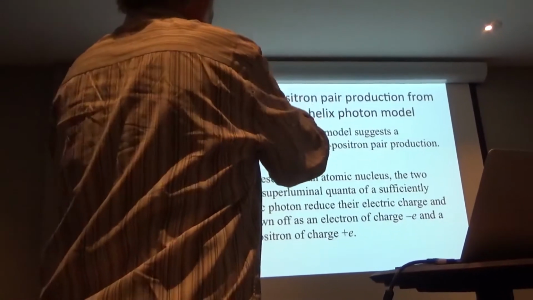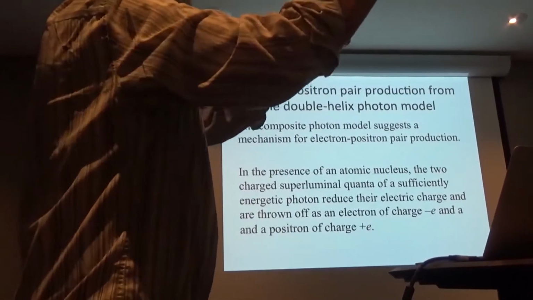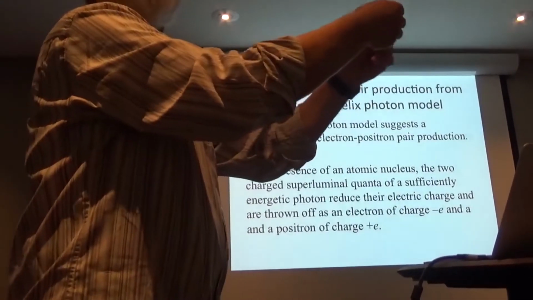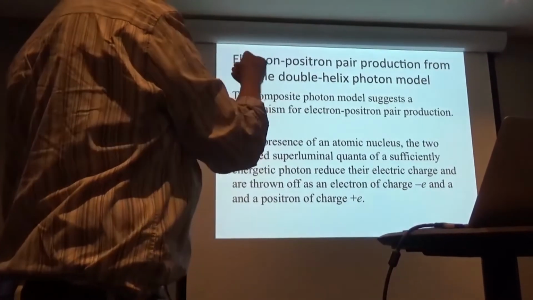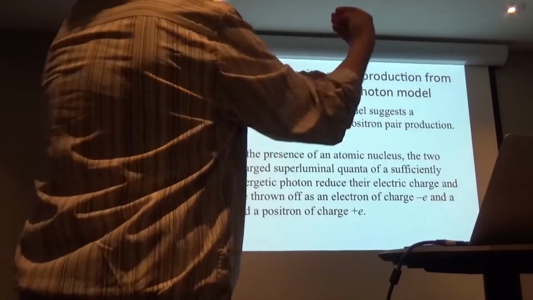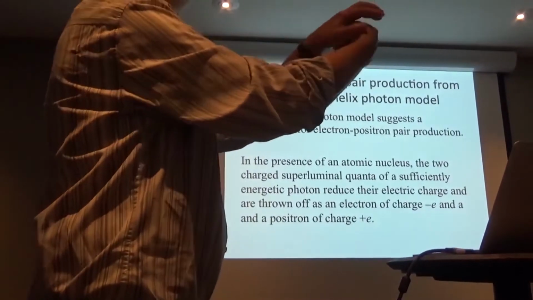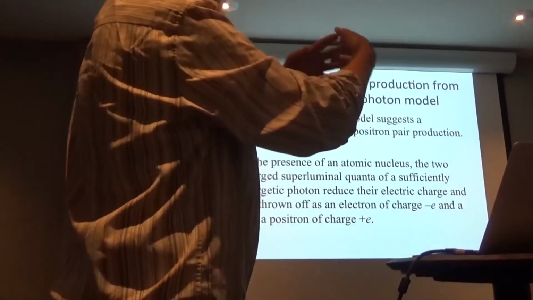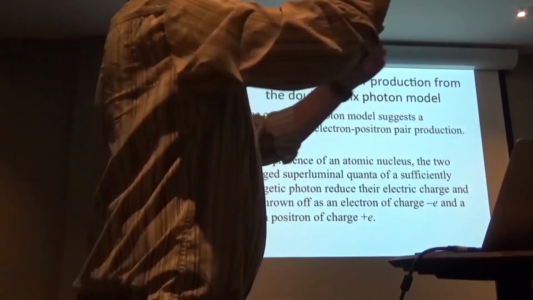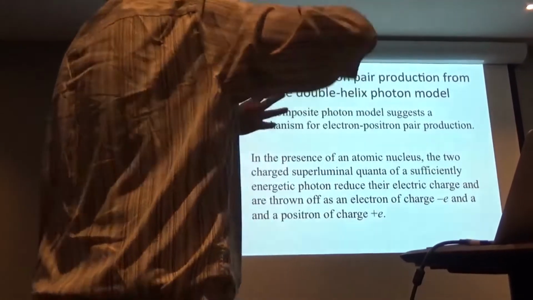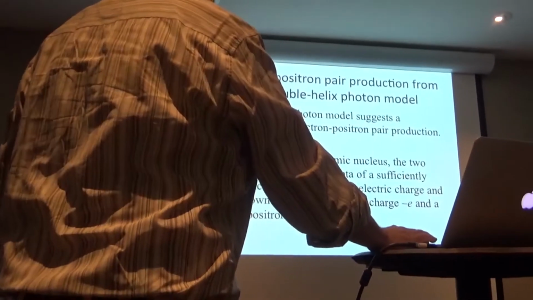So when that happens, the charges of plus or minus 16.6 have to reduce to plus and minus 1 electric charge, because that's the charge of an electron-positron. And by reducing the charge from 16.6 to 1, the Coulomb force is reduced by a factor of 16. That could essentially throw the two particles apart because they don't have enough attractive force to keep them together. So that could help them separate as separate electron-positron.